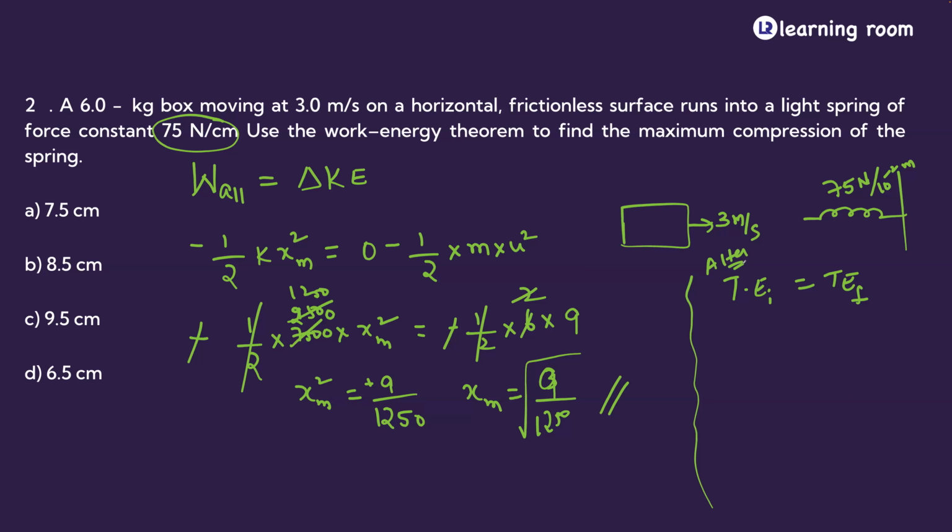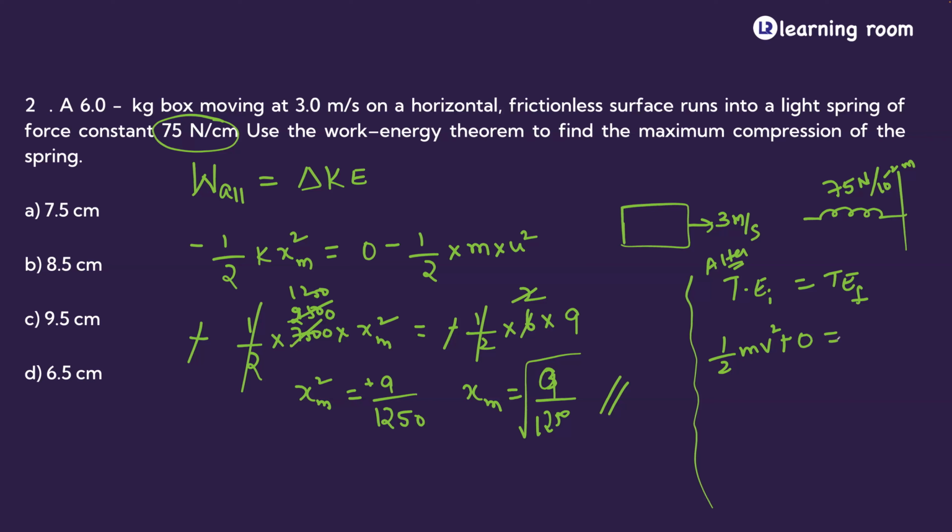See, the alternate approach is, if I apply the energy conservation theorem, I need to take the total system into consideration. Here, what is the total system? It is the block plus the spring. So what is the energy the block is possessing in the initial case? It is kinetic energy. Plus, what is the energy possessed by the spring? Nothing, because it is in its relaxed state.